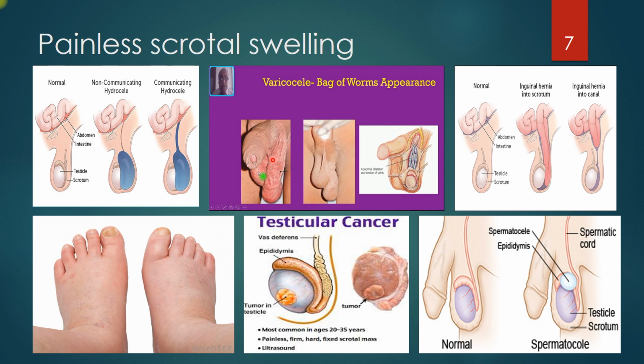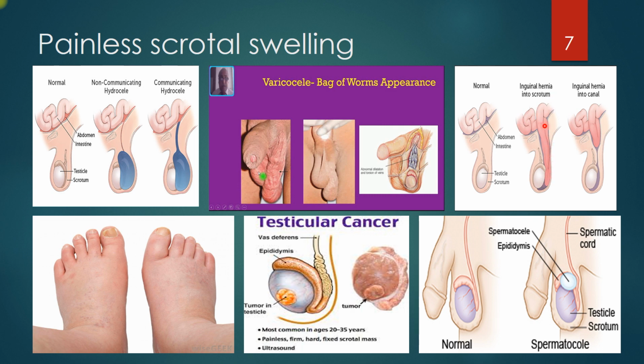Grade 3 is visible. Usually it is painless, but sometimes in a huge grade 3 varicocele you can feel it like a bag of worms, and there might be a dragging pain, so the patient feels heaviness in the testis. Then the hernia.